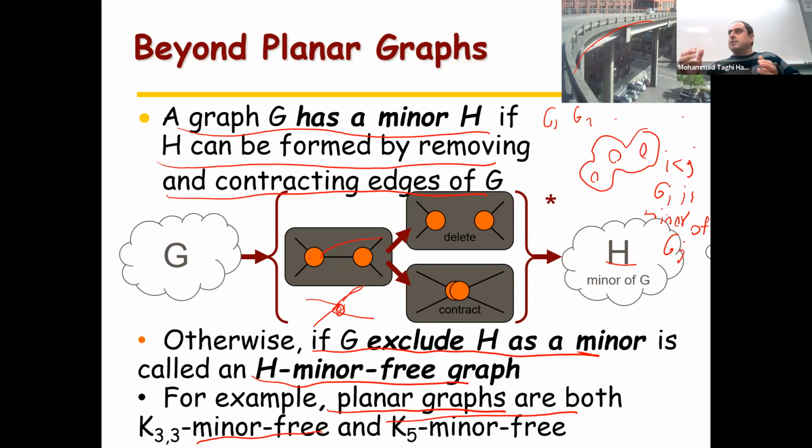You cannot have an infinite sequence where none of them is a minor of another. At some point, one becomes a minor of another.